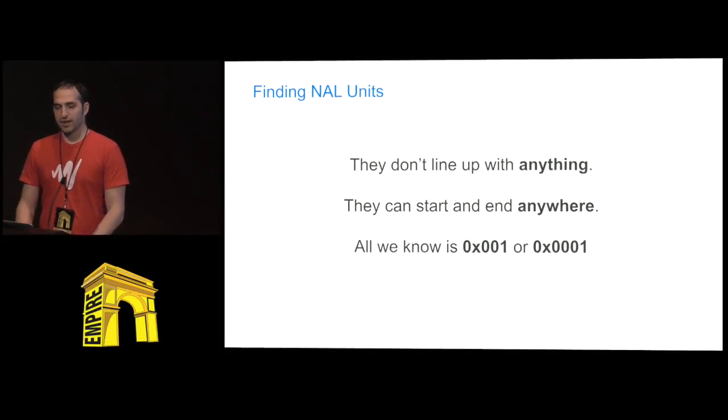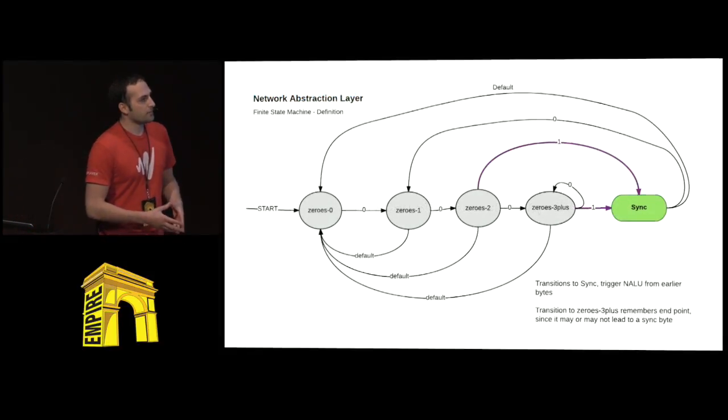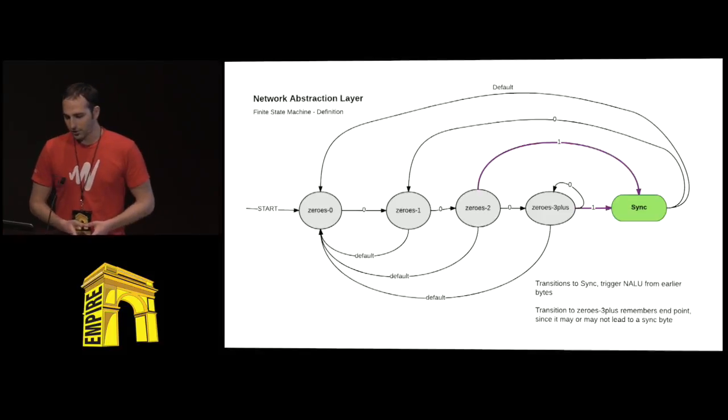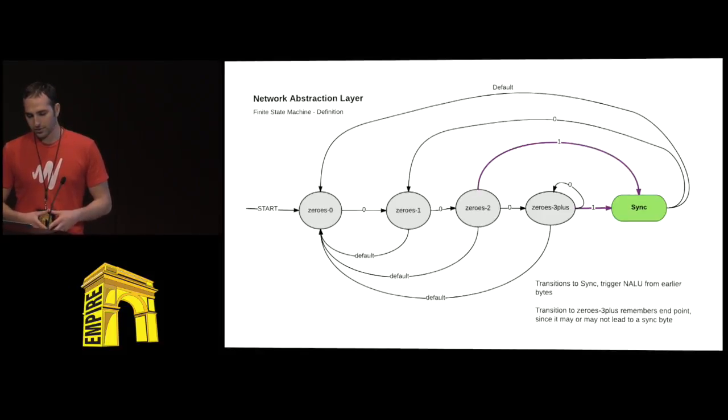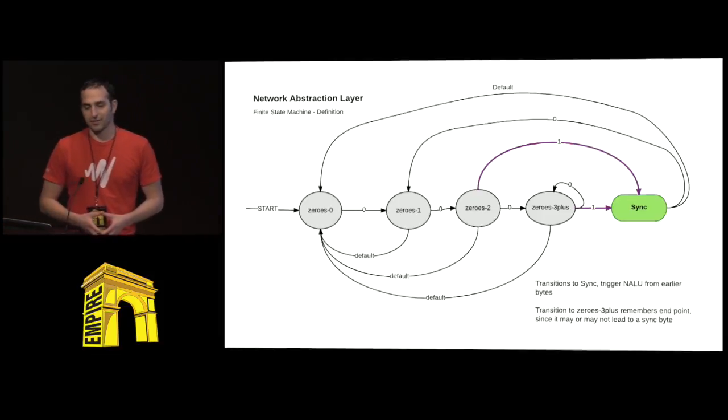So we tried something else. It kind of seemed like we're pattern matching, right? Pattern matching is a pretty natural use case for finite automata. In this case, what we're looking for is 001 or 0001, and it's represented by this thing. So our code for the NAL parser is actually kind of interesting.